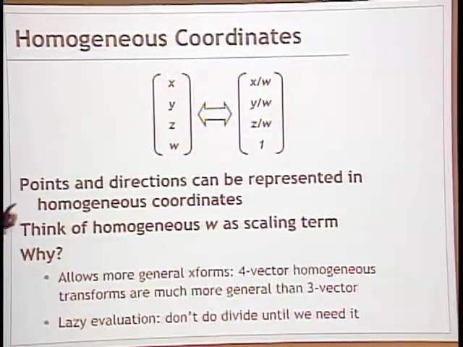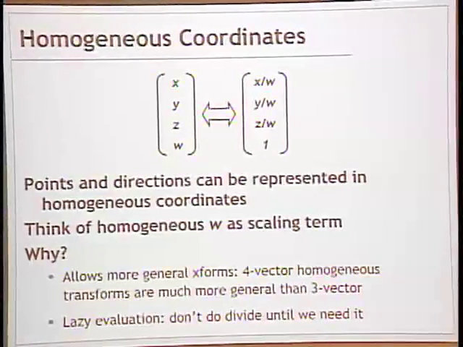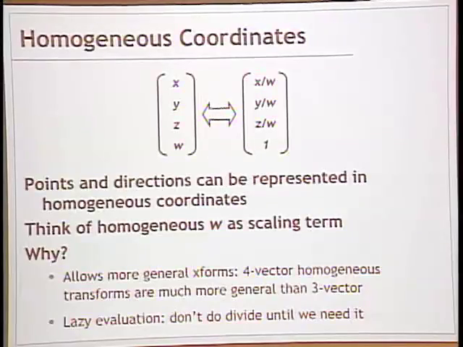The other thing is that this divide historically has been expensive. You have to do a divide on every vertex. Floating point divide isn't cheap, especially if you look at hardware in 1982, like when Jim Clark made the first geometry processors. So if we can push off this divide until we actually have to do it, that's better.